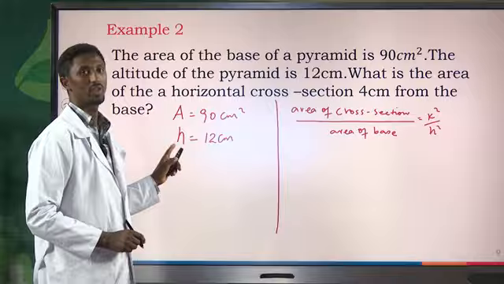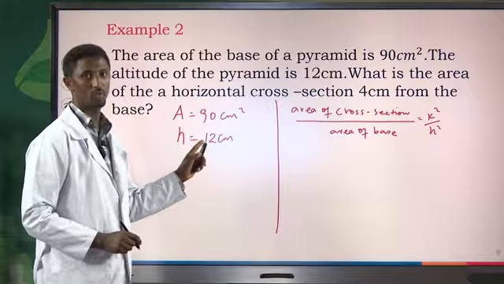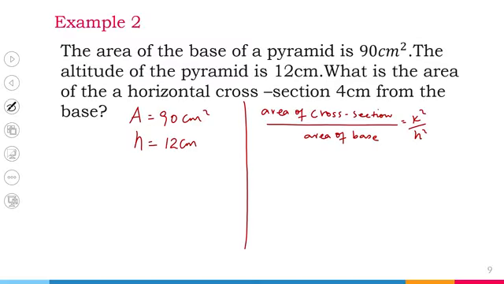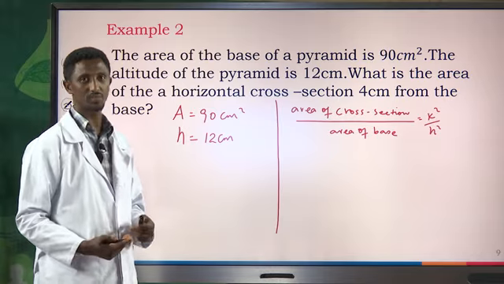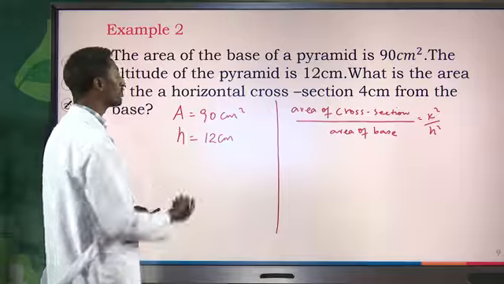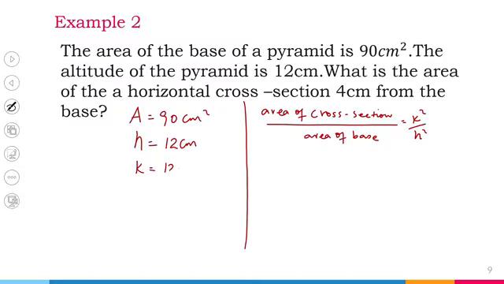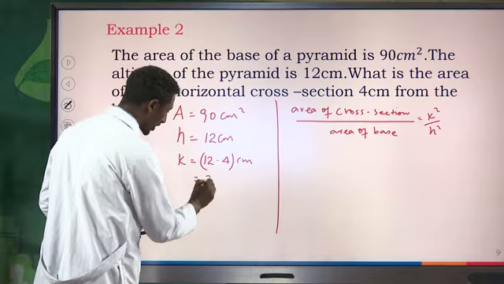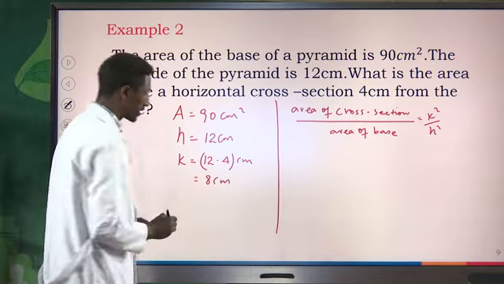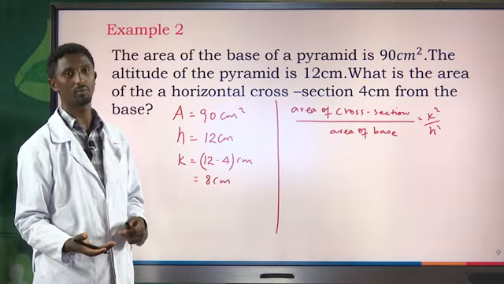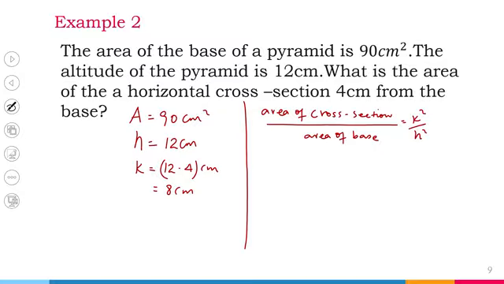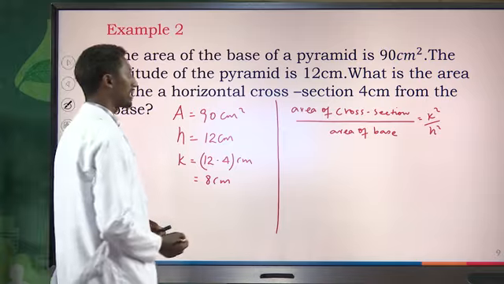So here the height of the pyramid is given, which is 12. And the cross-sectional area is 4 centimeter from the base. So what is the distance of the cross-sectional area from the vertex? From the vertex, k equals 12 minus 4 centimeter, which is equal to 8 centimeter. Since it is 4 centimeter from the base, it must be 8 centimeter from the vertex of the pyramid.